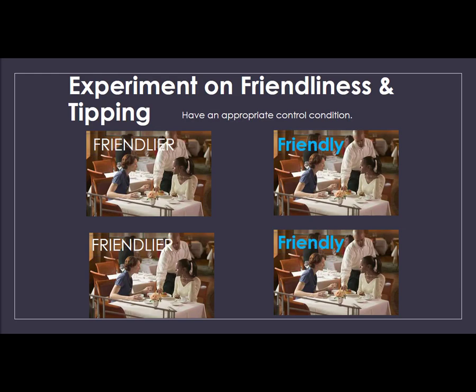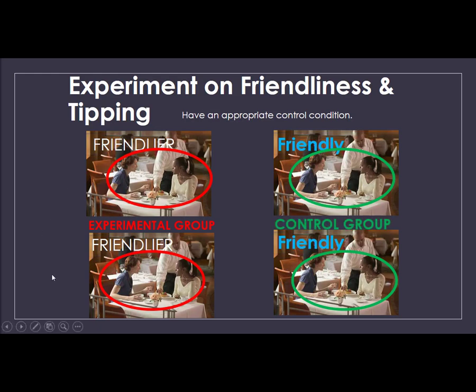For instance, we could have a waiter be friendlier to every alternate party. The remaining customers would receive the normal amount. This would be your experiment group. They're being extremely friendly. This is your red group over here, being extremely friendly to this group, going above and beyond.